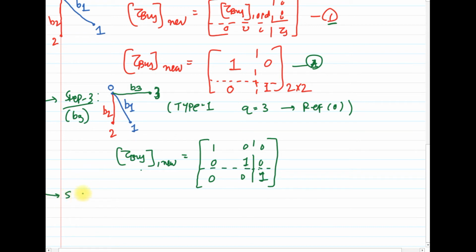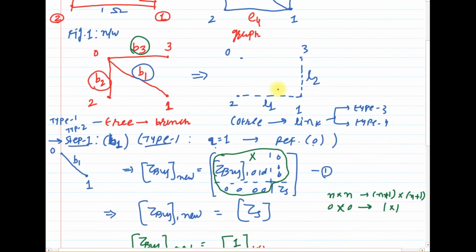Same way, next step number 4. Let me use the different colors. Step number 4. Now just look at over here, the elements of tree branch are completed. That means B1, B2 and B3, we have all the elements of tree branch considered in our modification.